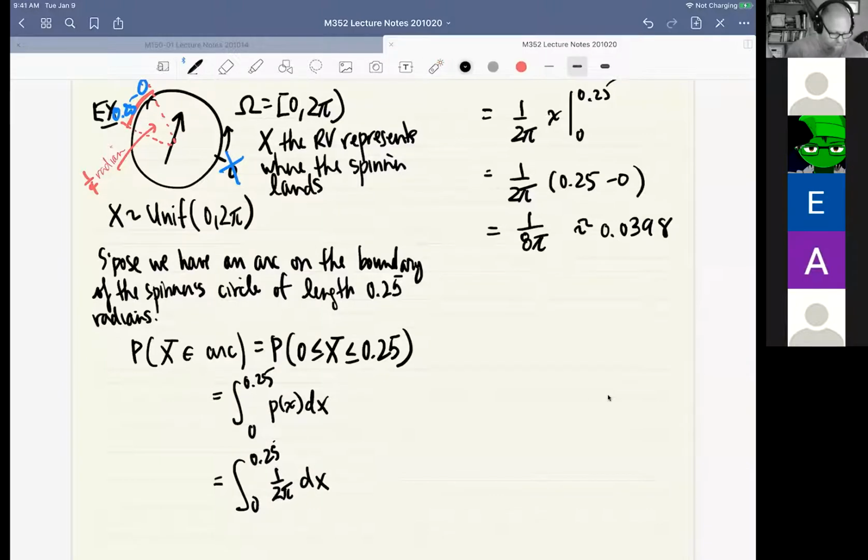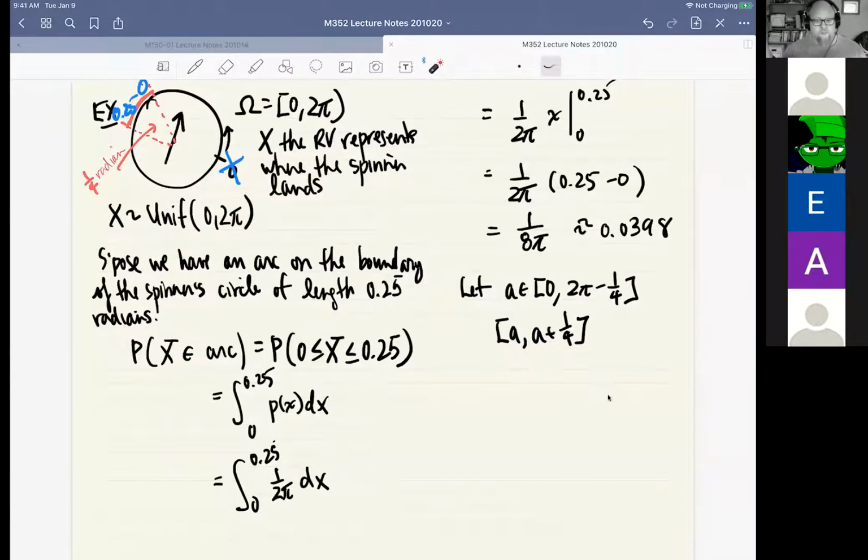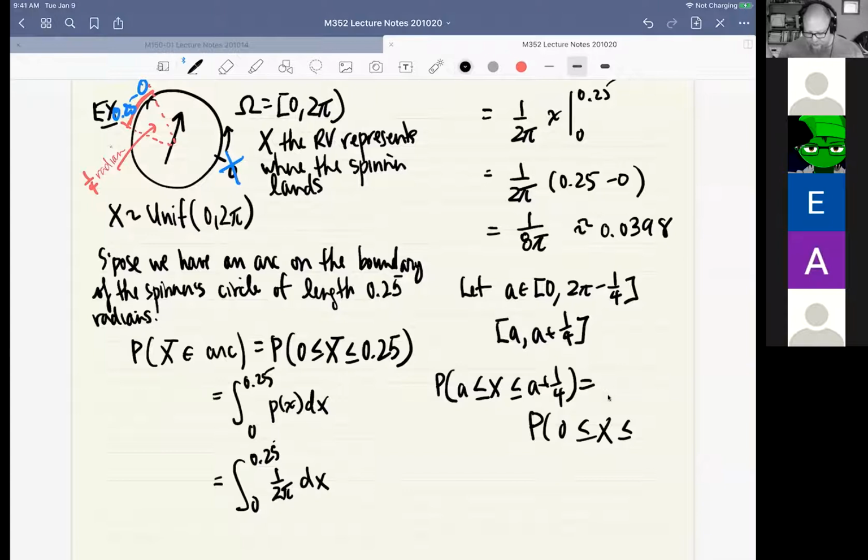But it turns out, if you take A to be any number in the interval from 0 to 2 pi minus 1/4, and I'm choosing this 1/4 because of this, and then you look at the interval from A to A plus 1/4, so this is an arc of length 1/4, just like we assumed we had at the beginning, then the probability that X lies between A and A plus 1/4 is exactly the same as the probability that X lies between 0 and 1/4.